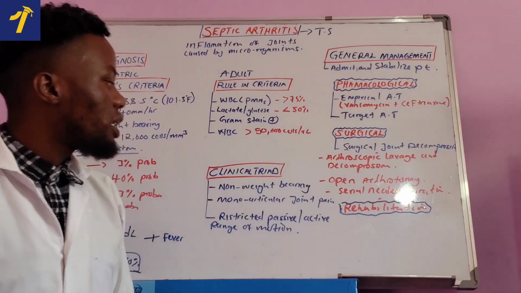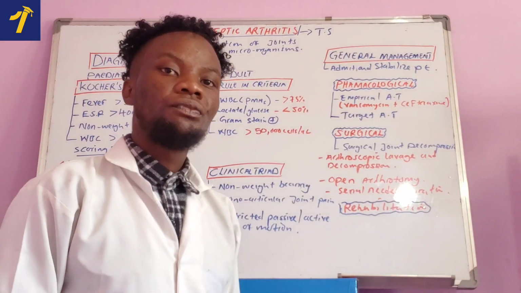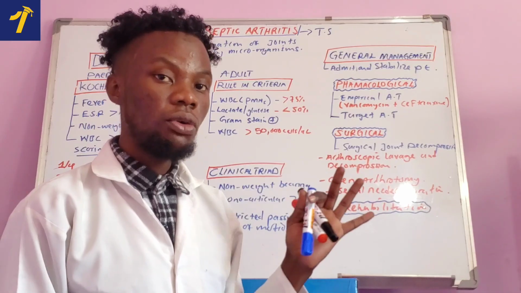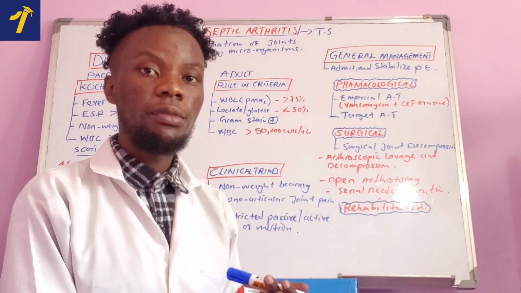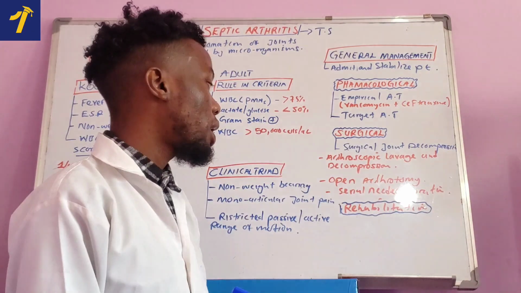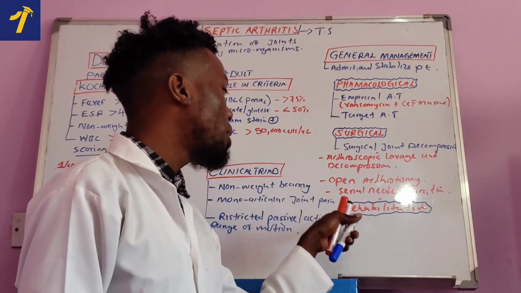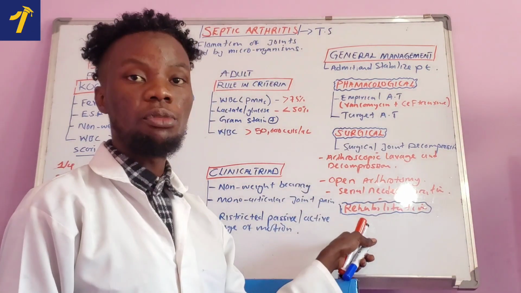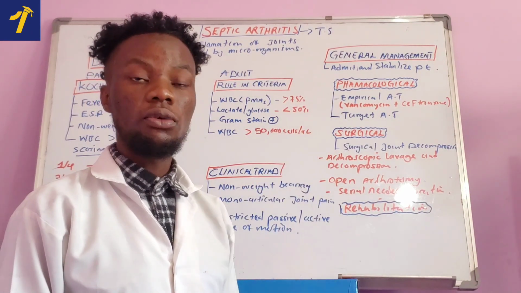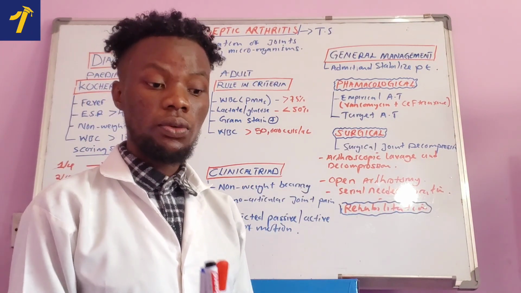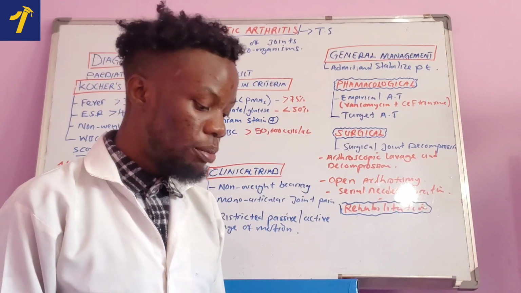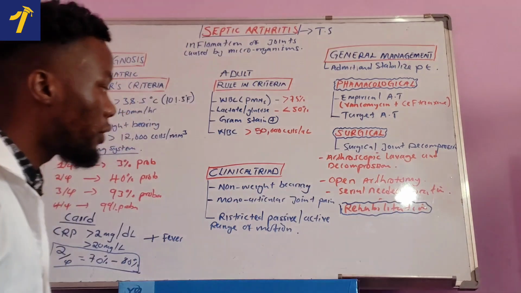Rehabilitation is very important in order to remember that these patients are having joint tenderness. So you are going to initiate rehabilitation so that you reduce that pain, as well as to encourage range of motion, because if you remember, these people are at increased risk of what? Joint stiffness. The joint is immobile for a longer period of time, so you make sure that you encourage range of motion.